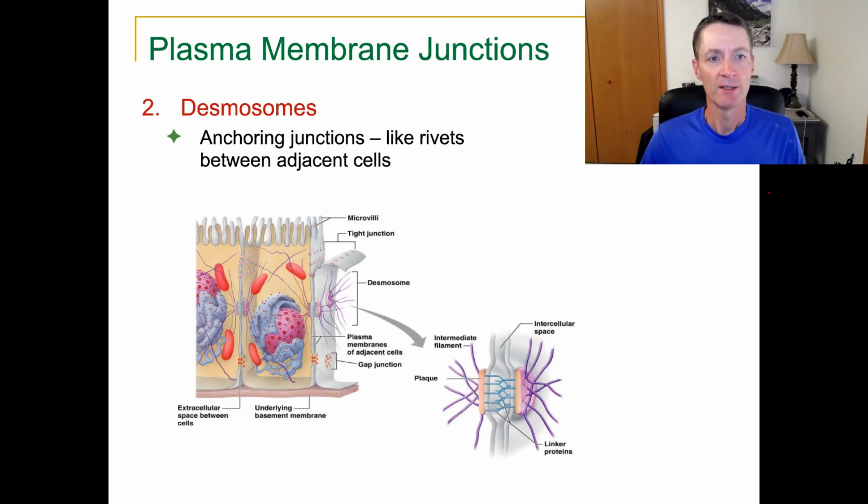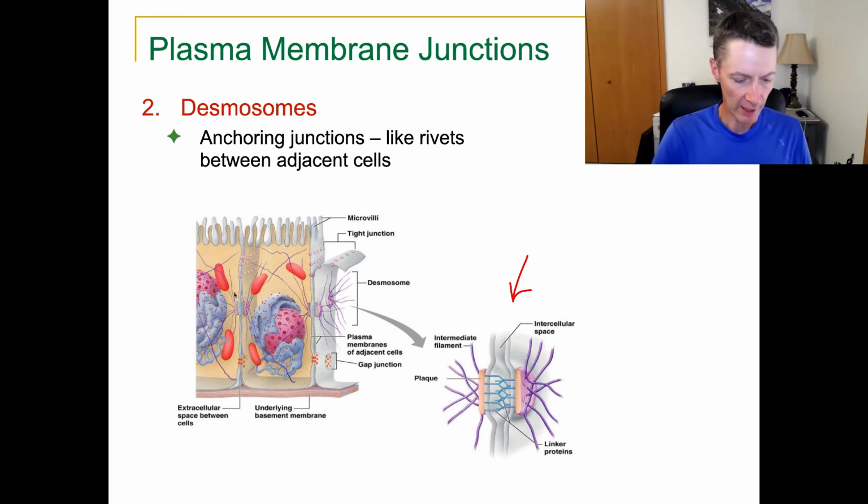Next junction, desmosomes. All right, so here we have a zoomed in picture right here of desmosomes. Let's look at this image over on the side where we have our two cells. Here's a cell, here's a cell. There's our nucleus, so we know that it's a cell. Here's the plasma membrane forming kind of this boundary between the two cells, okay?